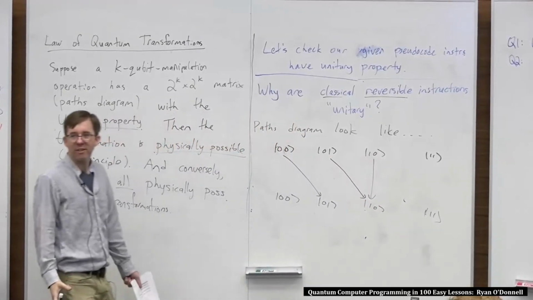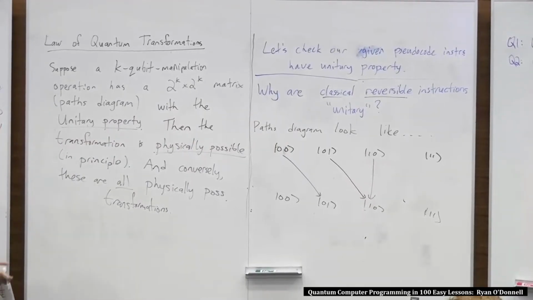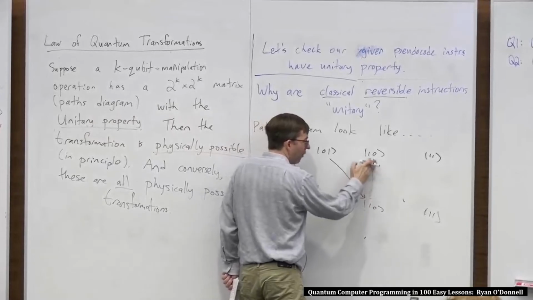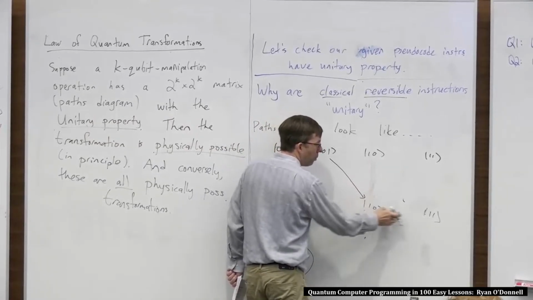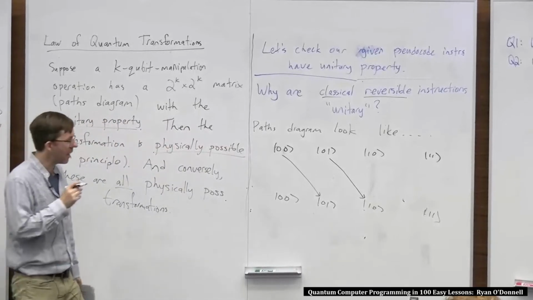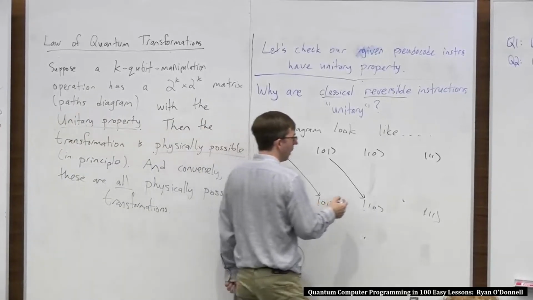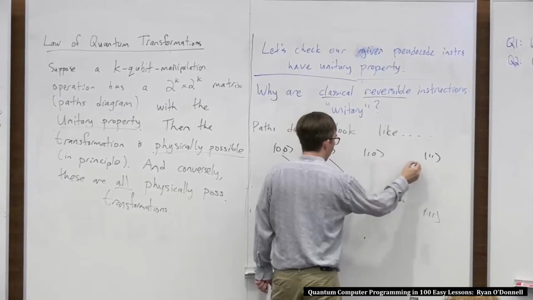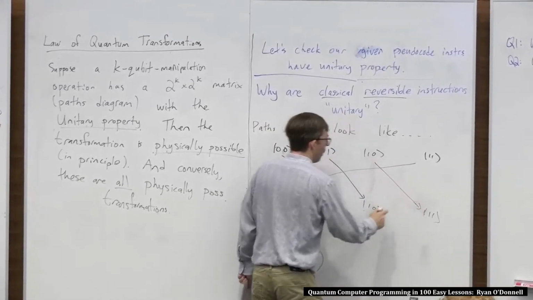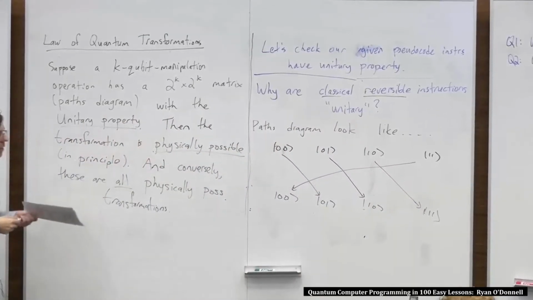I don't know how to undo this. So in order to be reversible, everything in the output has to have in degree 1. It has to come from a unique basic state. If you don't have in degree 1, you can't be reversible.